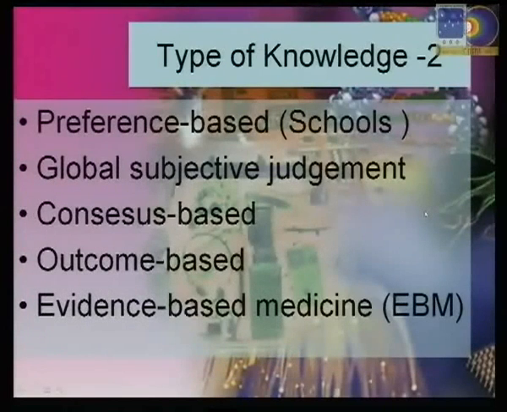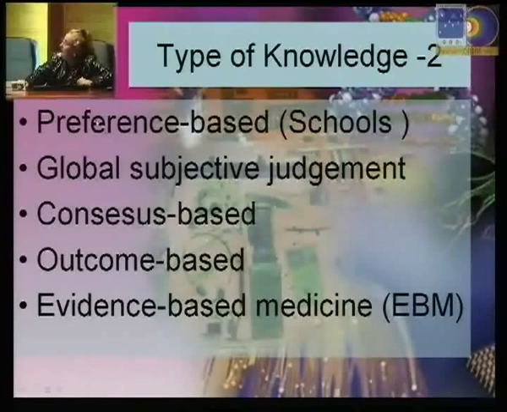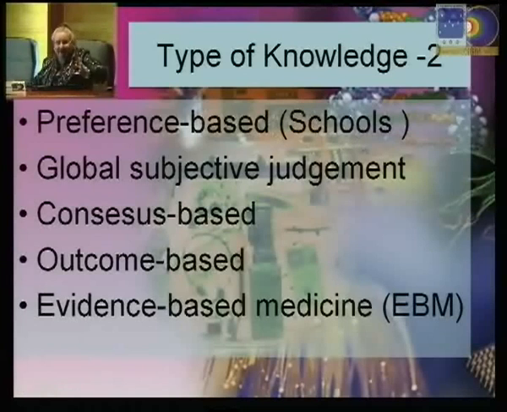Now comes the higher level of knowledge, or let's say the more scientific part of the knowledge in which medicine is based. But some of them look really suspicious, even though. They are preference-based, and this is more related with the schools. There are schools that behave in that way, or behave in the other way, or make the diagnosis in this way, or make the diagnosis in the other way.